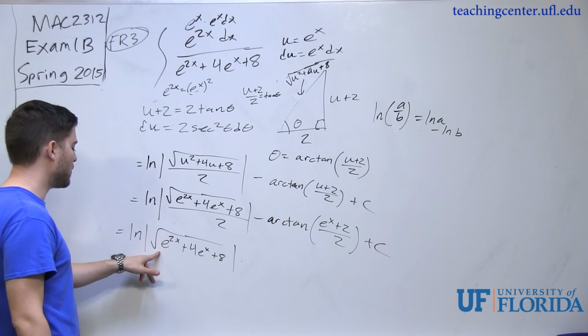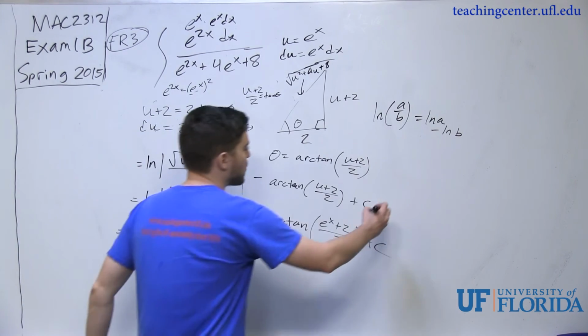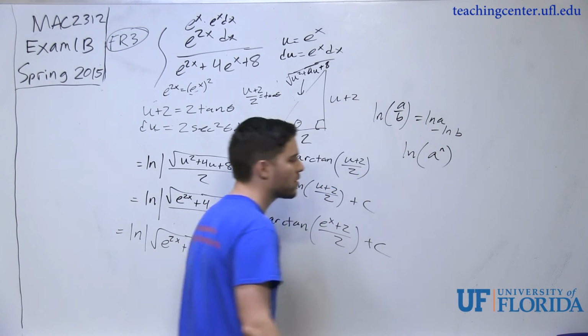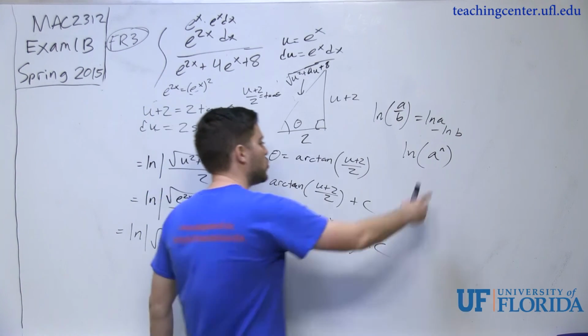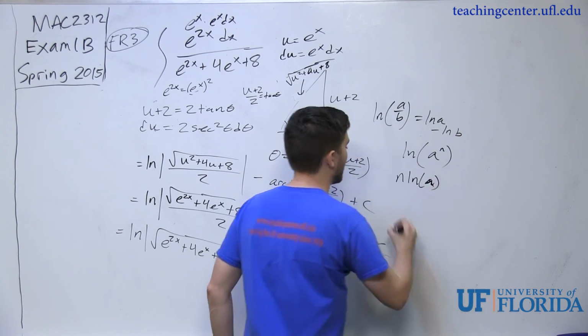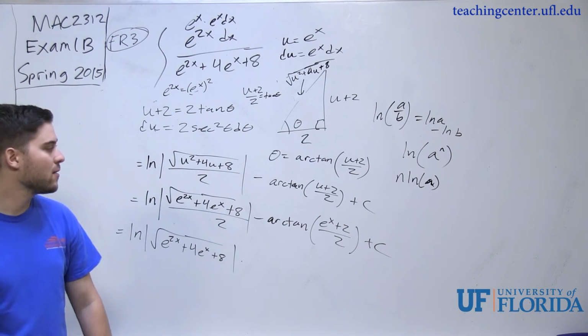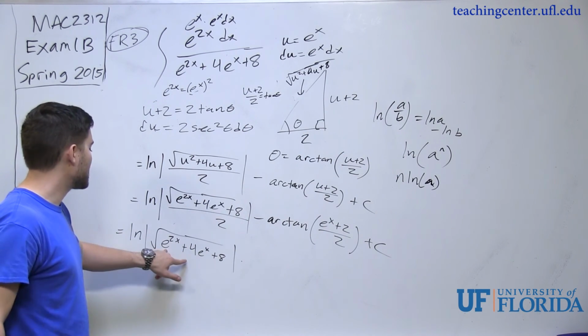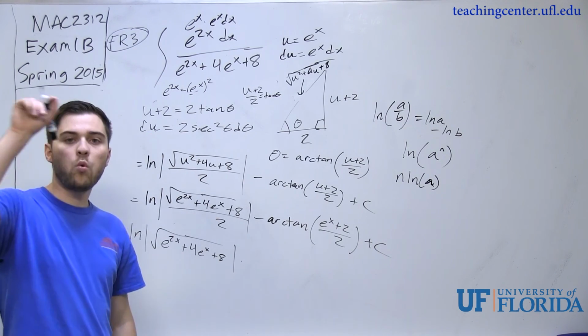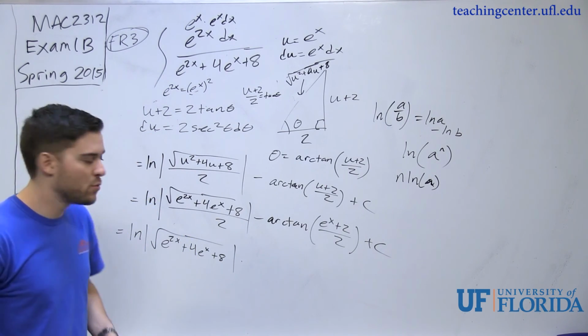Now the last thing they're doing is, remember, if you have natural log of a to an n power inside like that, you can bring the power down in front and just write it as n times natural log of a. So in this case, they have e to the 2x plus 4e to the x plus 8, all to a 1/2 power, because that's what a square root is.